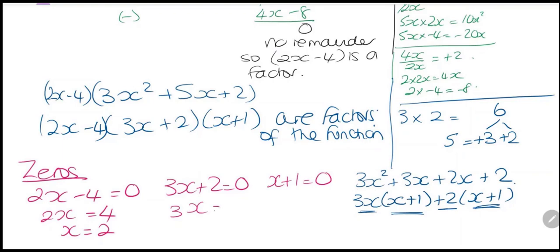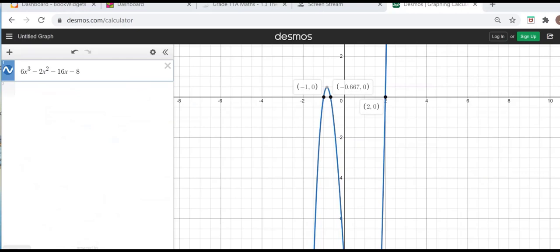So 3x is equal to minus 2, so x is equal to minus 2/3. And x is equal to minus 1. Okay, so putting our function into Desmos, we can see our roots are at minus 1, minus 2/3, and 2. So we know our solution is correct.